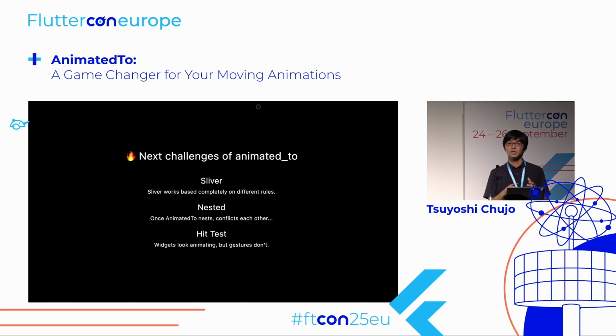If the AnimatedTo widget has another AnimatedTo widget inside below it, the animation will conflict and the behavior will be strange. To solve that, I have to make some tricks to communicate between the ancestor AnimatedTo and descendant AnimatedTo.